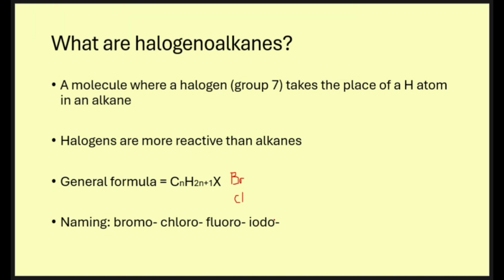And the way that we put these into practice is, say, if we had a molecule that looked like this, with a bromine atom and all these hydrogens here, it's a molecule of methane with bromine added onto it, so we would name it 1-bromomethane, which makes more sense when you have a longer molecule such as propane, and then you can number where exactly this bromine is on the molecule.